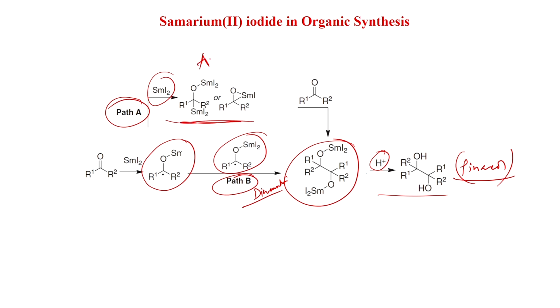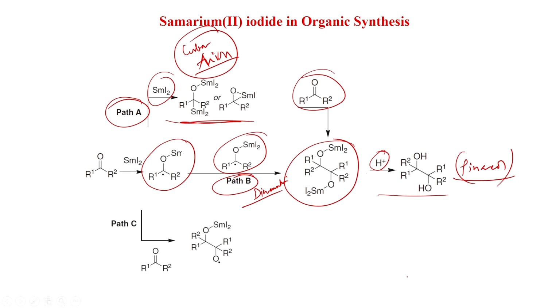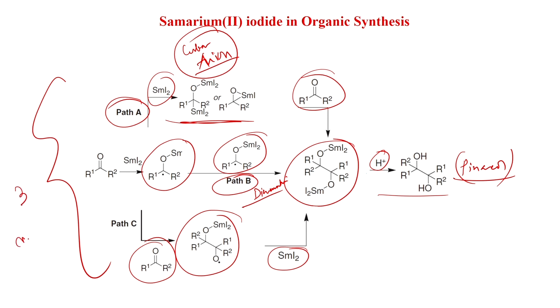So, this carbanion is forming here, and then it is reacting with carbonyl compound to generate the same intermediate. And this radical also again can react with a carbonyl compound. Then you can generate this O radical here, and these are very less common, and with samarium iodide this O radical becomes O minus, and after proton source you get this pinacol. So, there are 3 mechanisms possible.